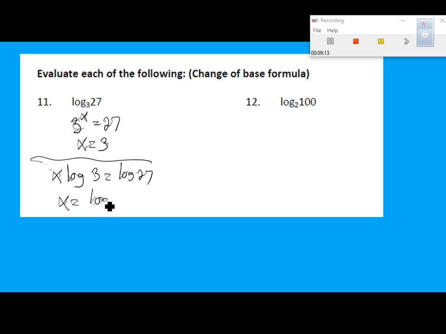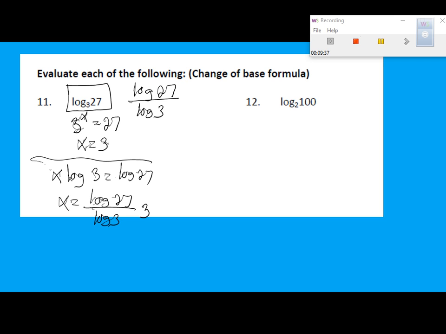So I've got log of 27 over log of 3. And if you run that through your calculator, you'll get 3. Now, shortcut to you. Whenever it's written like this, log base 3 of 27, in your calculator, if you go log 27 over log of 3, you'll get your answer.